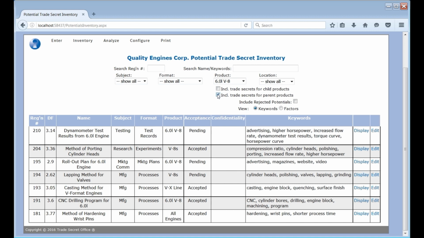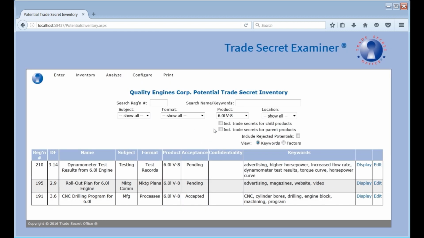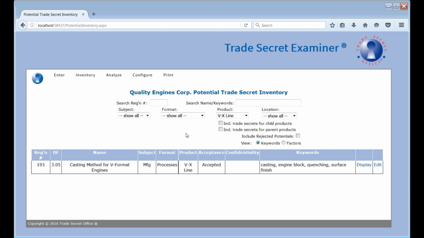Let's consider another issue. Let's say that what I look at here is the V8s. Let's say the V format engines. What if I was going to sell all of the V format engines to another manufacturer and I was just going to stay with the inline 4s?